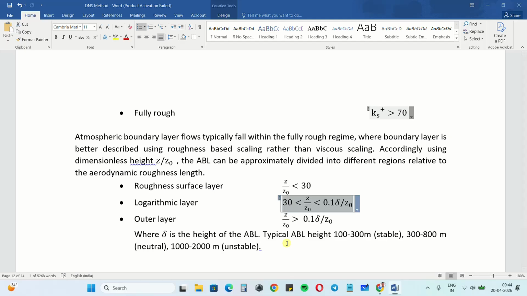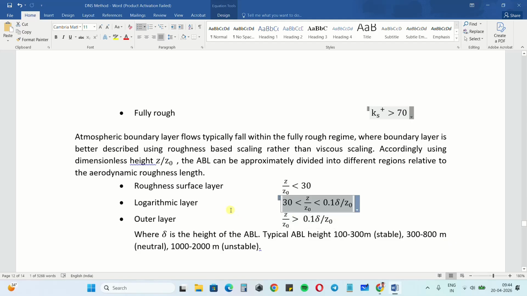During daytime you will have a certain height for the atmospheric boundary layer, and in the night time a different value. Okay, so usually when you have stable conditions, then the height of the atmospheric boundary layer will be lower. Okay, and when you have more turbulent mixing, then the height increases. So correspondingly you have to follow this thing.